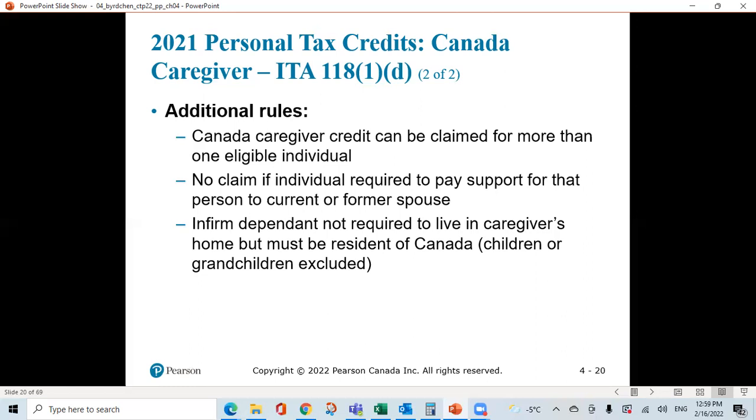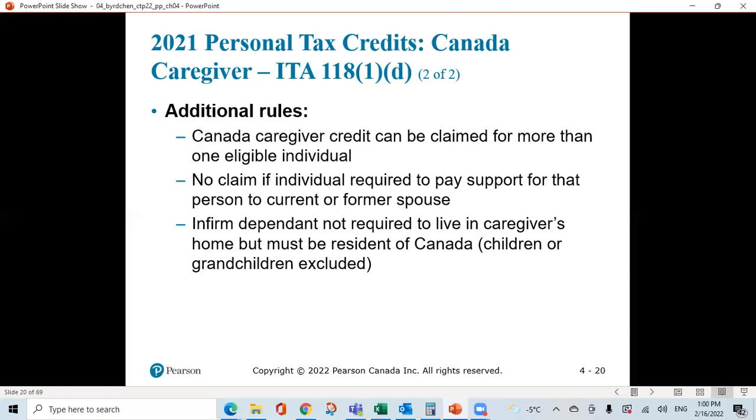Now for the eligible dependent, we know that when you calculate it, you can use that base amount plus 2,295, right? But because you're going to claim the caregiver amount, the 2,295 cannot be included in calculating the eligible dependent.